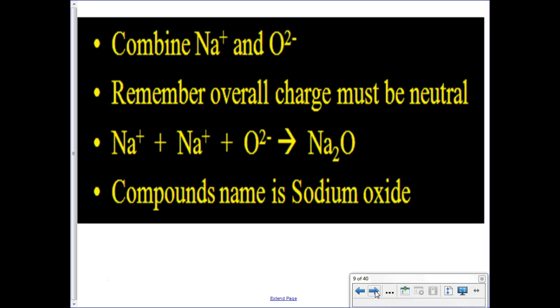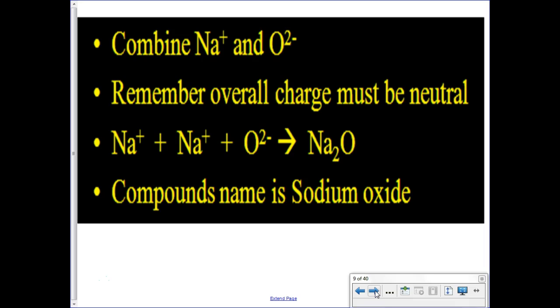So what if we try to combine sodium and oxygen? Their overall charge must be neutral or 0. So now if oxygen carries a -2 charge, we need 2 sodiums in this compound because each sodium carries a +1. So when you add these up, +1 plus +1 plus -2 gives you a 0 charge. And so our chemical formula tells us that we need 2 sodiums, that's what that subscript 2 tells you, and 1 oxygen.